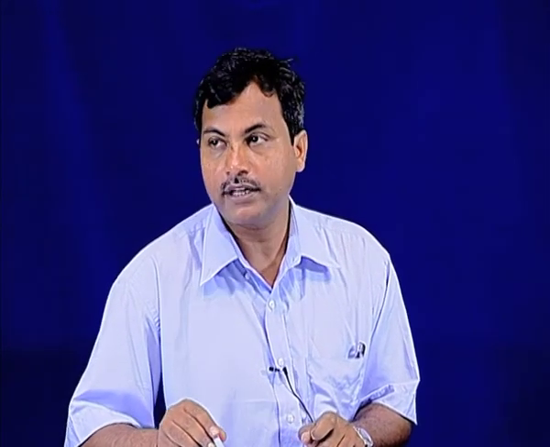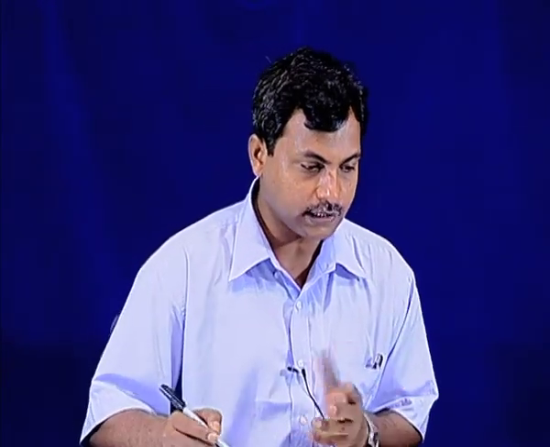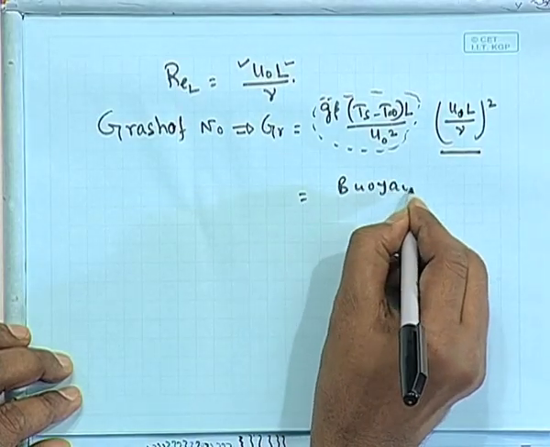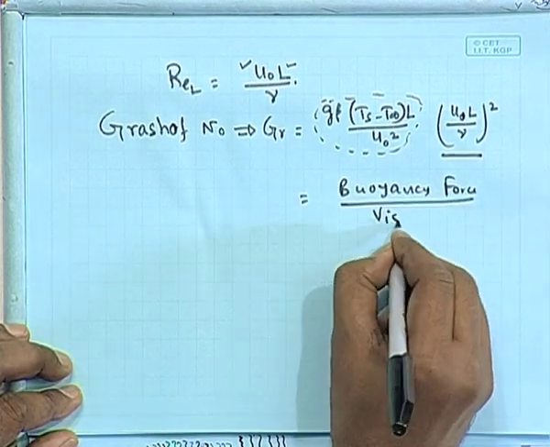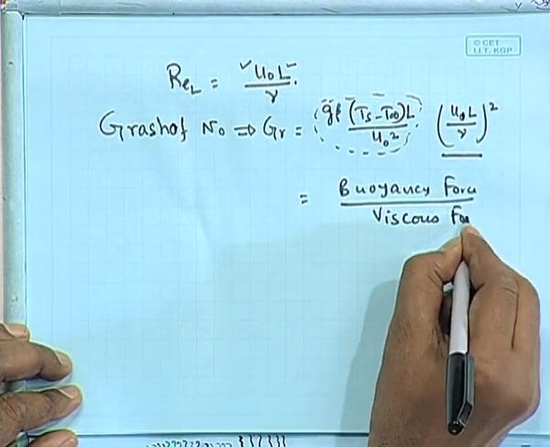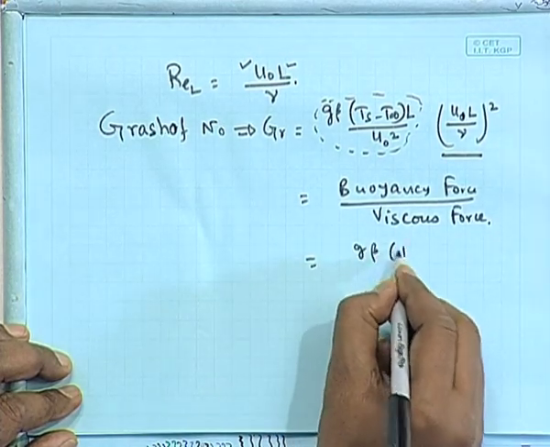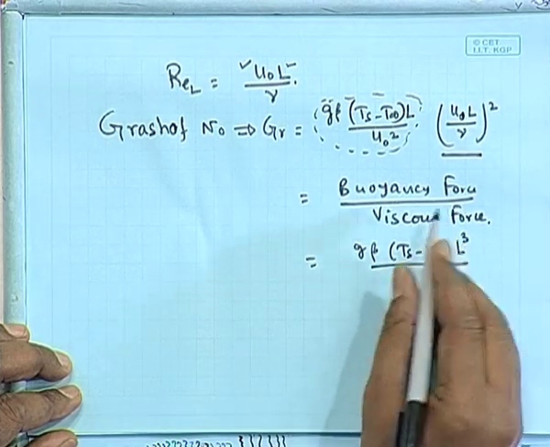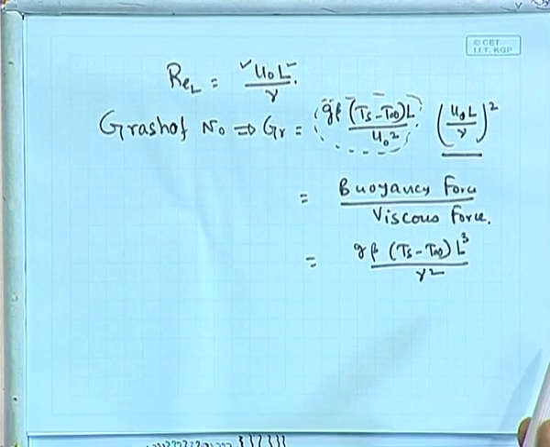That is the idea of defining this number. What is the Grashof number? Physically it means buoyancy force divided by viscous forces, and it becomes g beta (Ts minus T infinity) L cube divided by nu square. This u naught will be cancelled out.